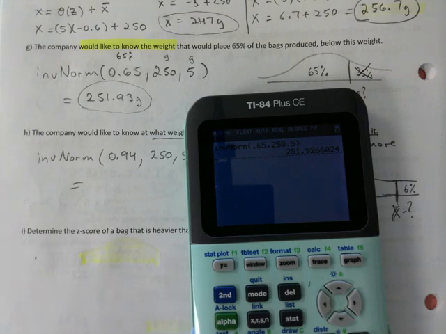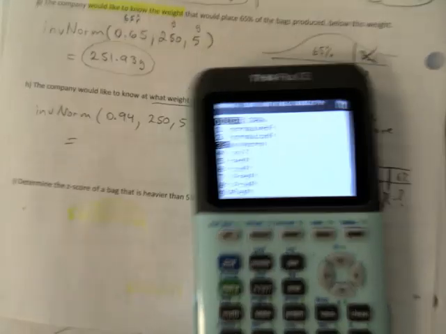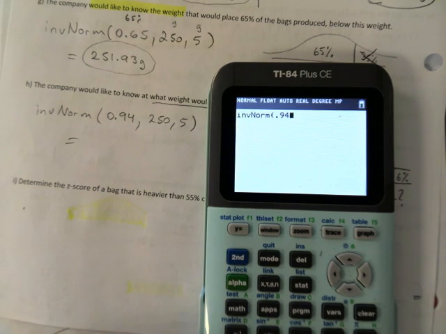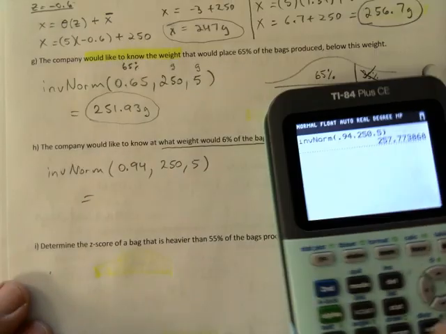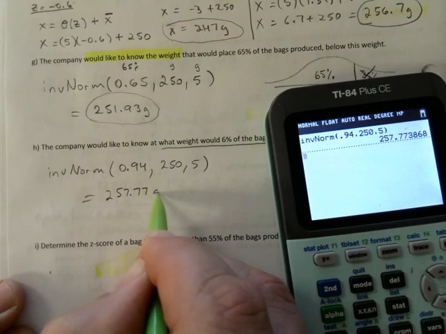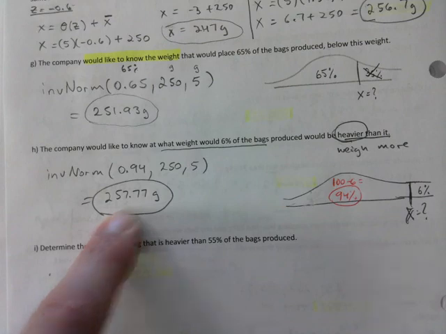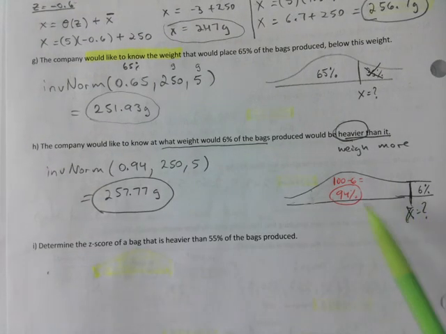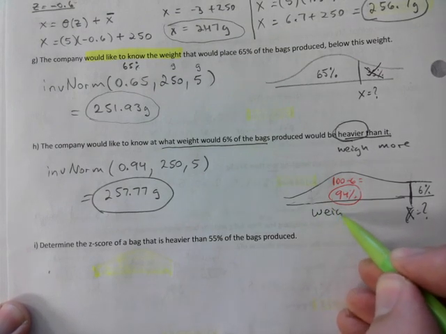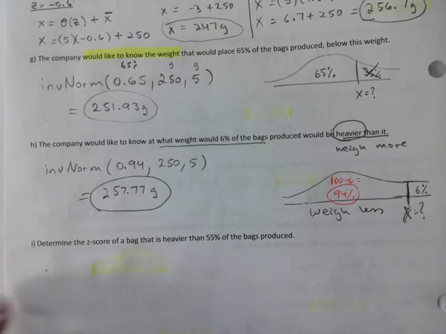So let's see here. Second vars, inverse norm, 0.94, 250, 5. That's 257.77 grams. Okay, so a bag weighing this much would have 6% above it, but 94% below. So I would say way less, way more. Okay.